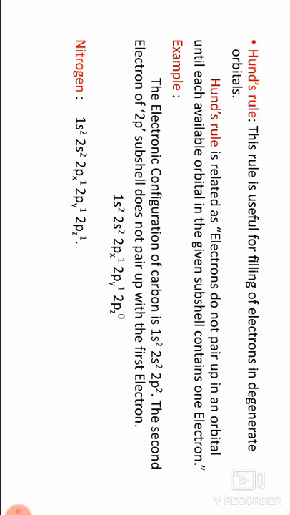The second electron of 2p subshell does not pair up with the first electron. So carbon has 2 unpaired electrons. Similarly, nitrogen has 3 unpaired electrons.